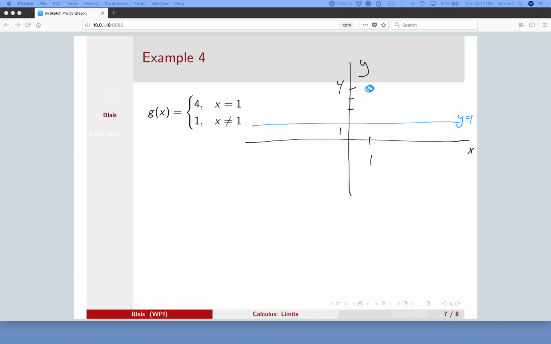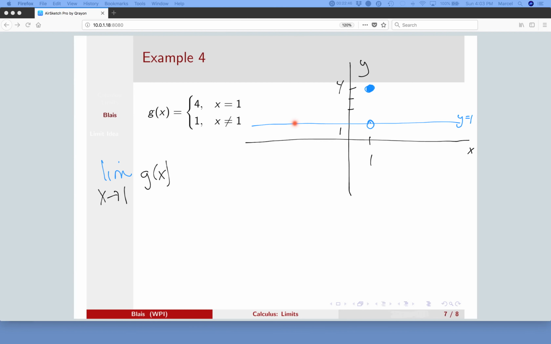So the function has this value here at x equals 1, so it has a hole in the horizontal line here. So in this question, if we're looking at the limit as x approaches 1 of g of x, as we're honing in from the right, the function is approaching 1. In fact, it is exactly equal to 1. So it's trivially approaching 1.